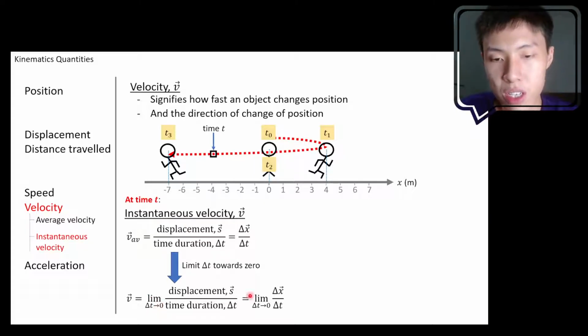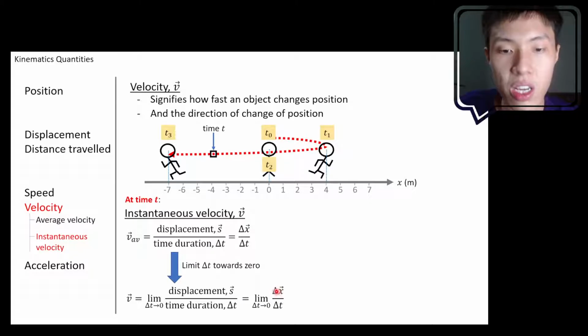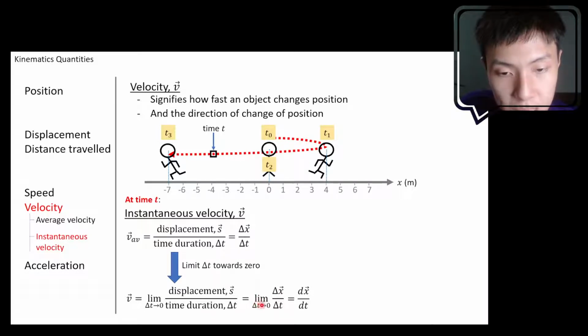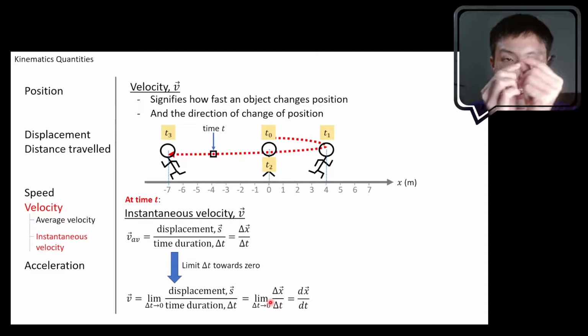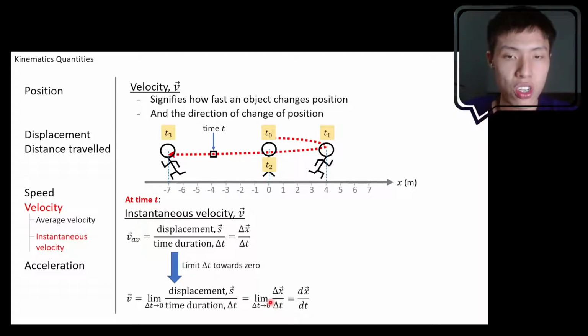If we change it into symbols, displacement can be represented as the change of position, so delta x. Delta means change, x means position. Change of position divided by time duration. Since we are limiting delta t to 0, we are making it an infinitesimally small time duration.